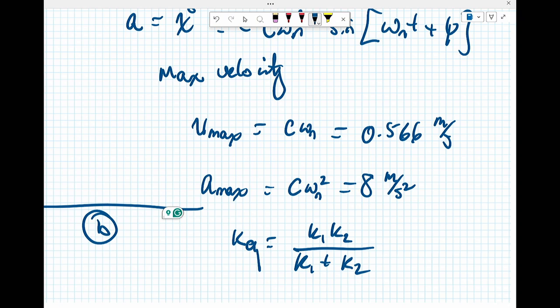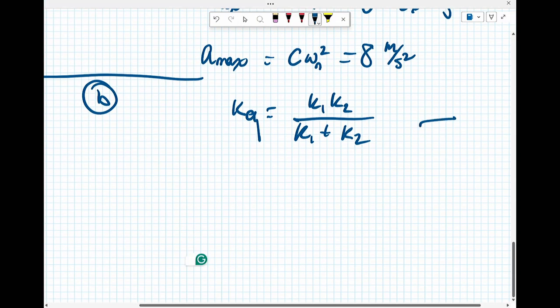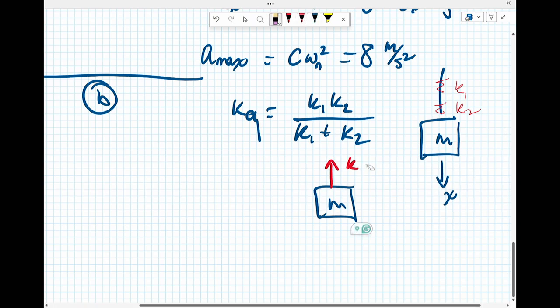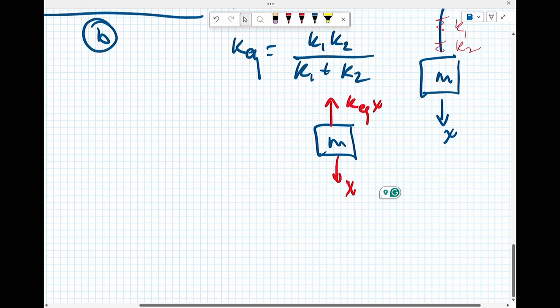Again, all I'm doing is taking this case where I have x displacement and now I have K1, K2, and I'm substituting it in for this case where I have the mass and I have K equivalent x over x displacement. You'll also notice that I have not worried at all about the weight, because the weight disappears in the static term.